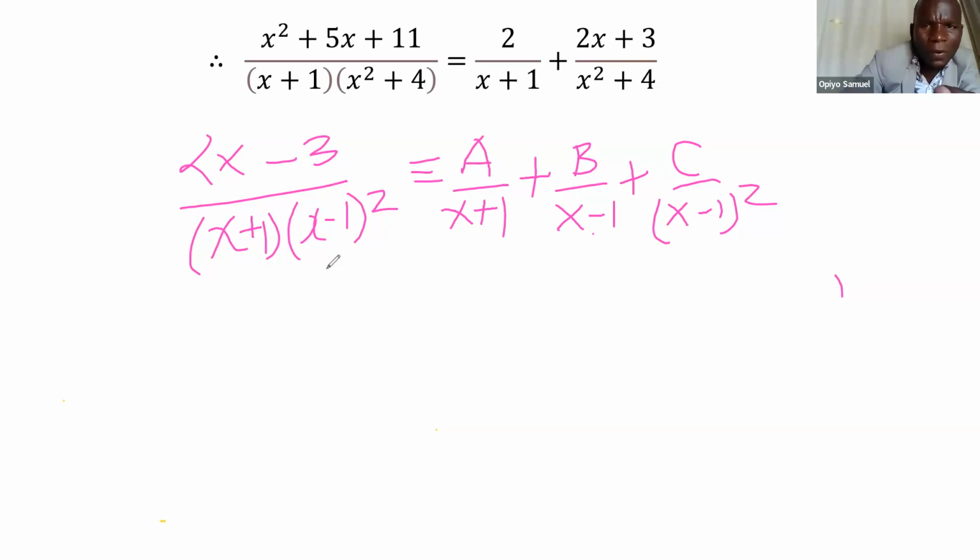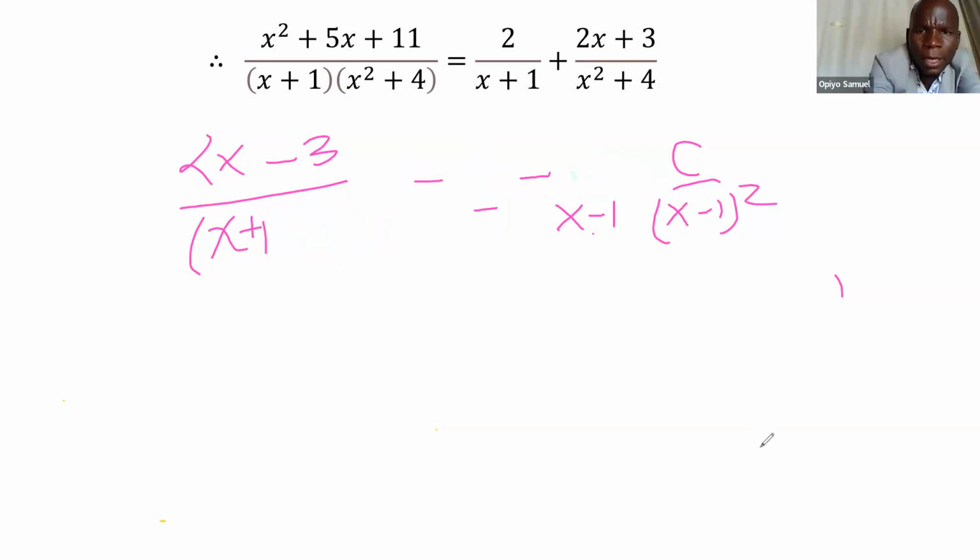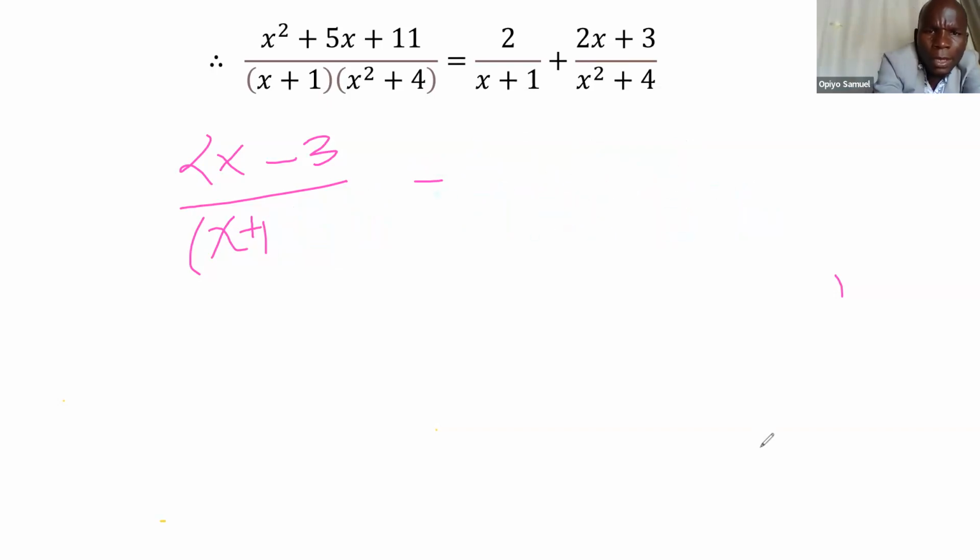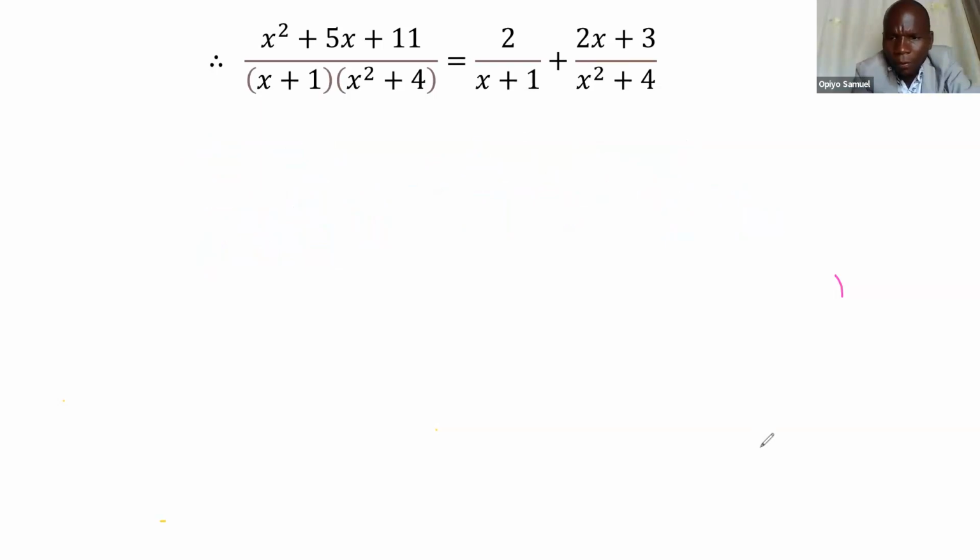For quadratic, I've already talked about it. But another thing that I also want to express here before we move away is that sometimes they give you an improper fraction. And when you are given an improper fraction, you need to be careful. Don't rush.